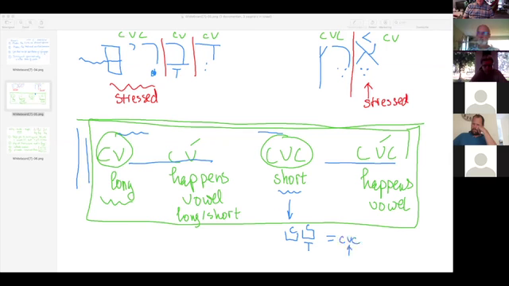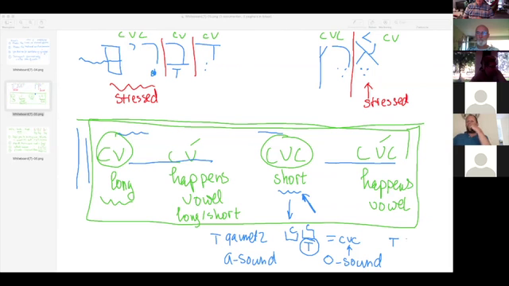Because of this short, this T symbol must be a kametz chatuf, or the O sound. That's how you recognize and distinguish between the A sound, the patach, the kametz, and the kametz chatuf.